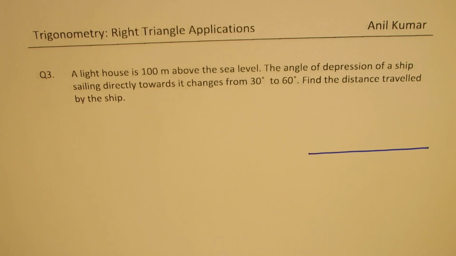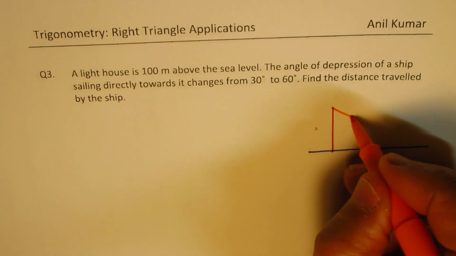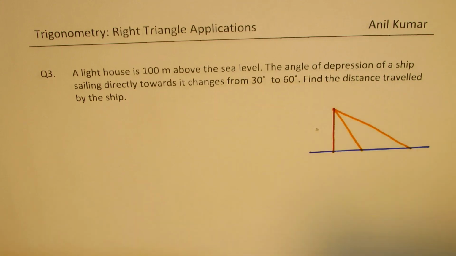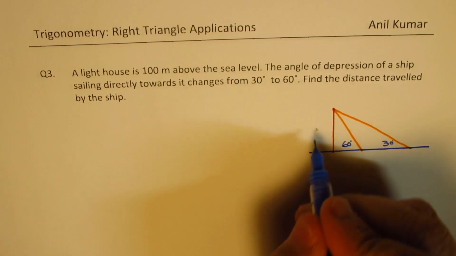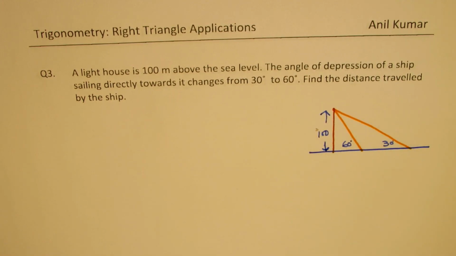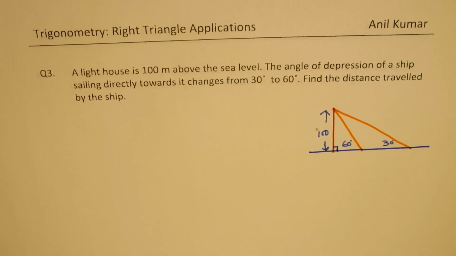The lighthouse is 100 meters above, and the angle changes from, let's say, 30 degrees to 60 degrees. So we have this as smaller angle of 30 degrees, bigger angle of 60 degrees, and that is 100 meters, correct? Again, tan ratio. Always we are assuming this to be a right triangle.